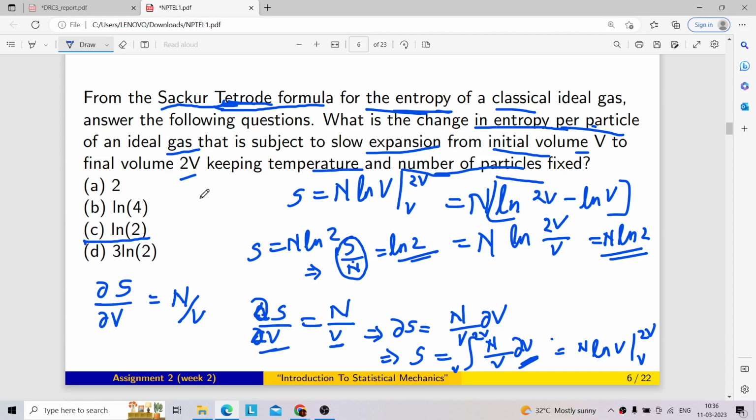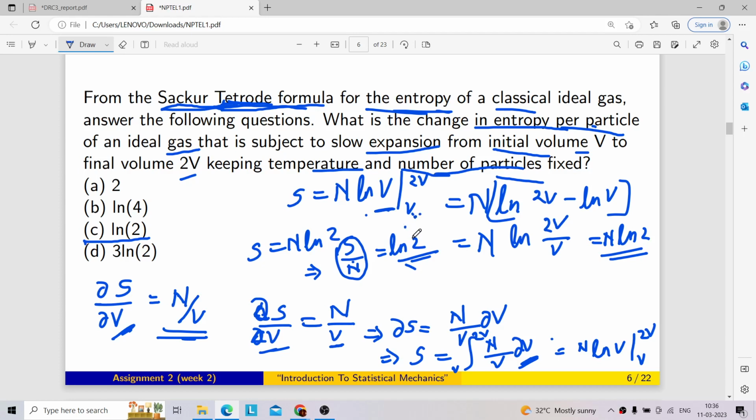You understood, right? I defined this formula first, then we checked that all other terms are constant for this question, like the number of particles and U; the only variable is V. If we take the derivative of entropy with respect to V, we get a form of N over V. Then we can take the integration of both sides, which gives us the logarithm form, and we can take the limits as V to 2V.